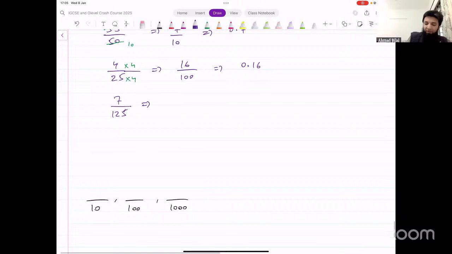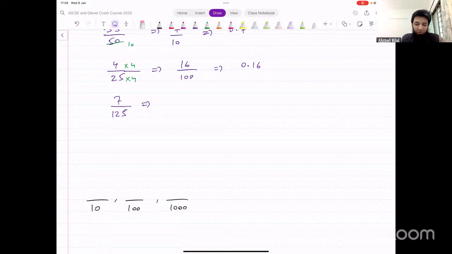7 over 125. Now it's already bigger than 100. Can we convert it to one of these denominators? It could be bigger than this as well, but generally you don't need to do something bigger than 1000. 125. What's 125 times 2? 250. 125 times 4 is 500. 125 times 8, therefore, is going to give you 1000.